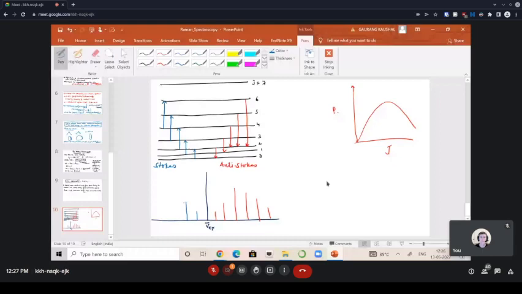This is the exciting line, V excite, corresponding to the frequency of the incident light wave.